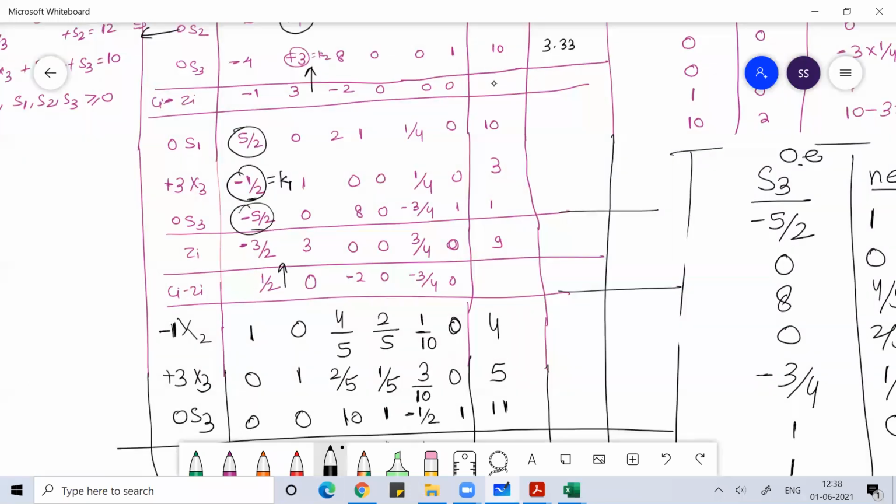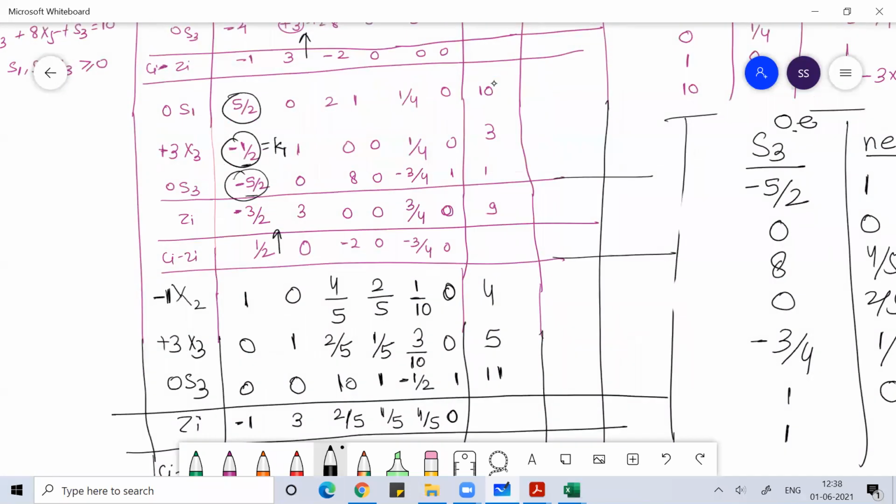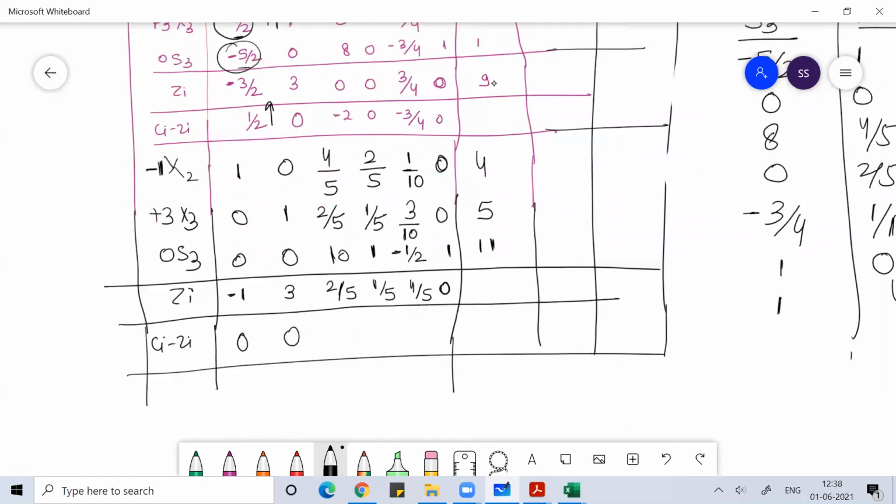Then x5 is minus 2, minus 2 minus 2 by 5, that would be negative, minus 2.4. This is minus 1.5, this is minus 1 by 5, minus 4 by 5, 0. So you can see all your Cj minus Zj is either 0 or negative. So it means you get the optimal solution.